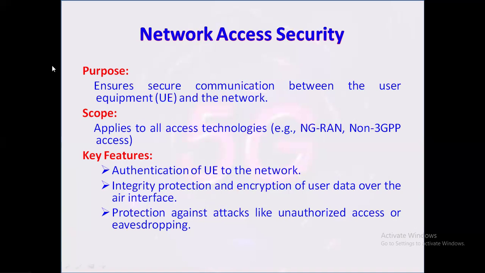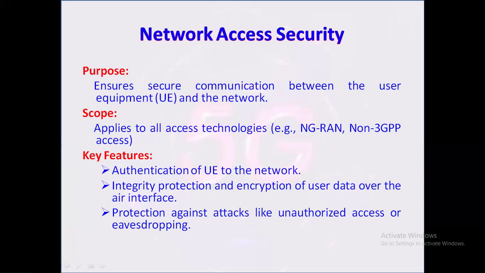This security foundation is particularly crucial given the growing number of connected devices and potential points of vulnerability within the 5G infrastructure. The scope of network access security extends across all types of access technologies, including NG RAN, the next generation RAN, meaning radio access network, and non 3GPP access methods, such as Wi-Fi.